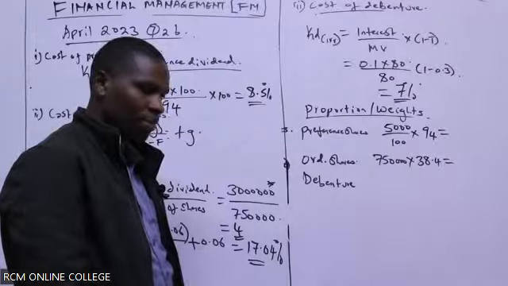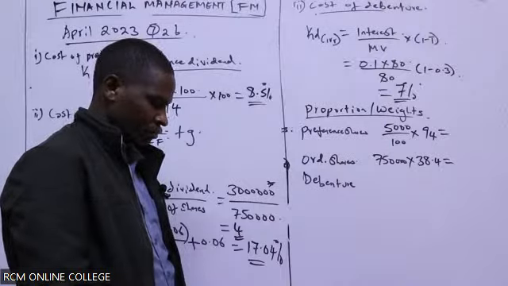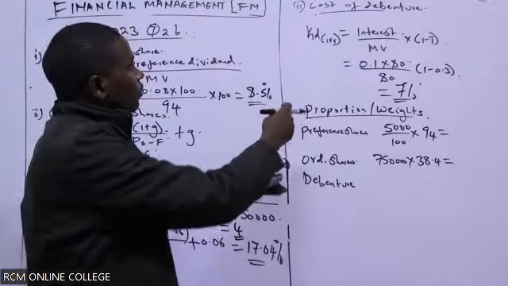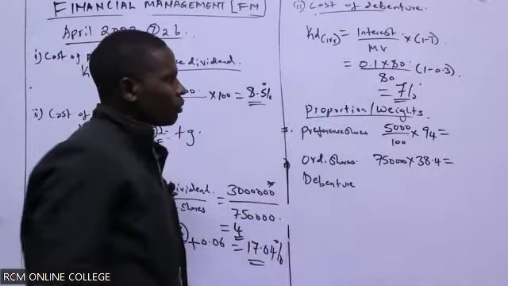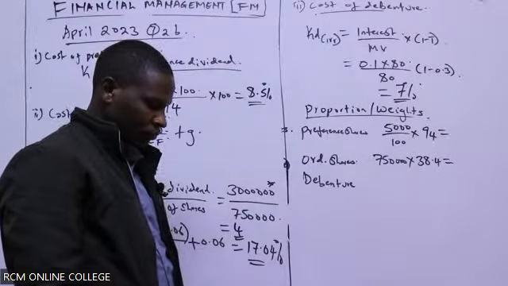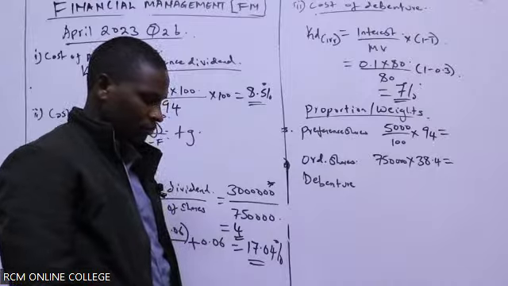Debenture we did not have par, right? But now after what they have told us, tumeona par ni ngapi? Ni 80.